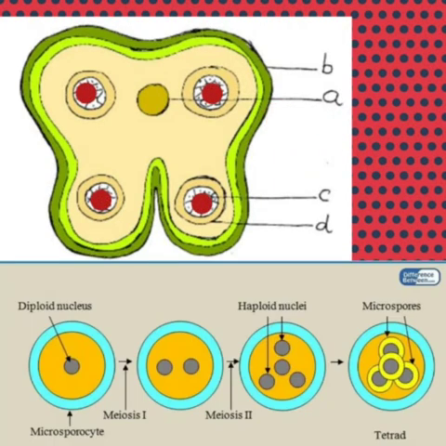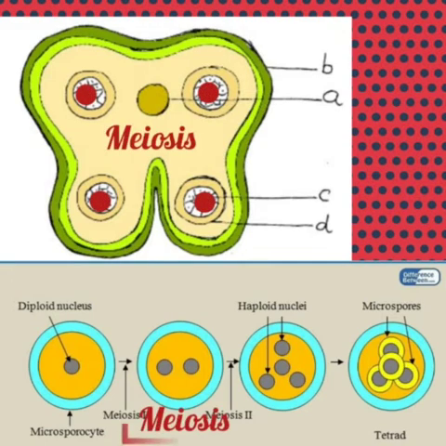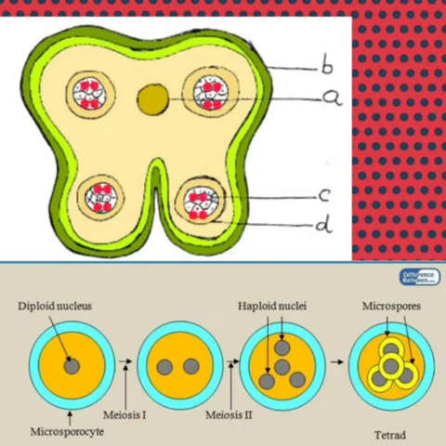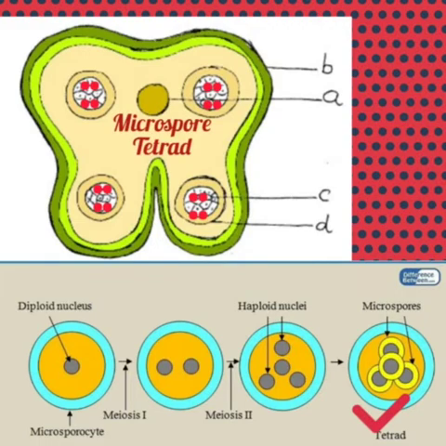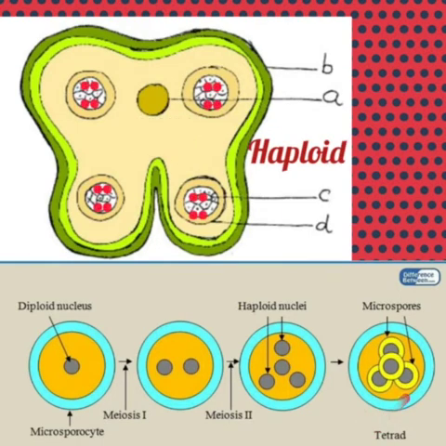These cells will first undergo one meiotic division, that is meiosis, as a result of which we will get a microspore tetrad, that is 4 microspores will be produced which are attached to each other. These 4 microspores will be haploid. Why haploid, students?